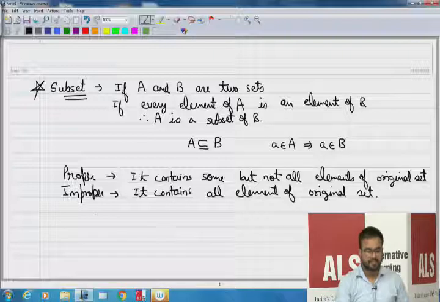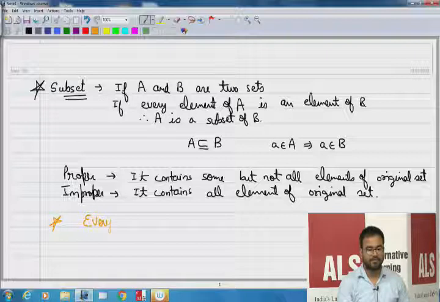Second thing, two points we can write here. The first point is, every set is a subset of itself.